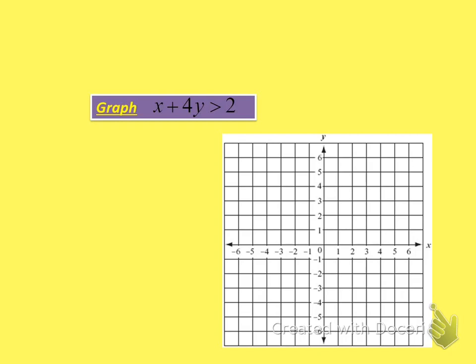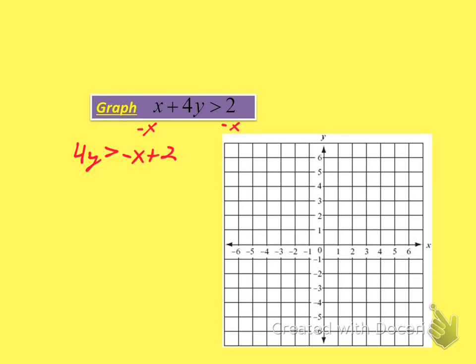x plus 4y is greater than 2. What's the problem with this one? What's not good? Not in slope-intercept form yet. So we've got to do a little work and make it in slope-intercept form, which isn't bad, right? Subtract x from both sides to give you 4y is greater than -x plus 2.